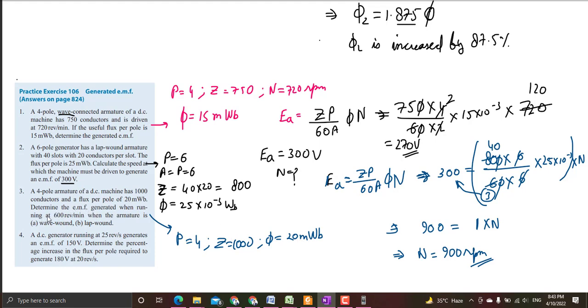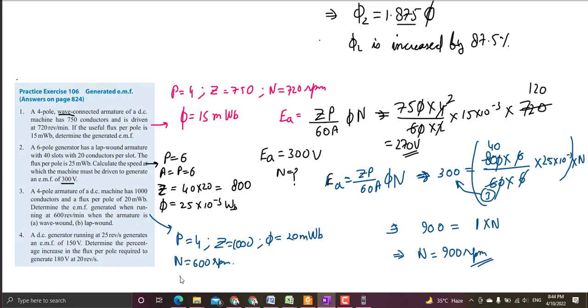Determine the EMF generated when running at 600 rpm. So N is equal to 600 rpm, and we have to find the EMF generated for wave wound and lap wound.